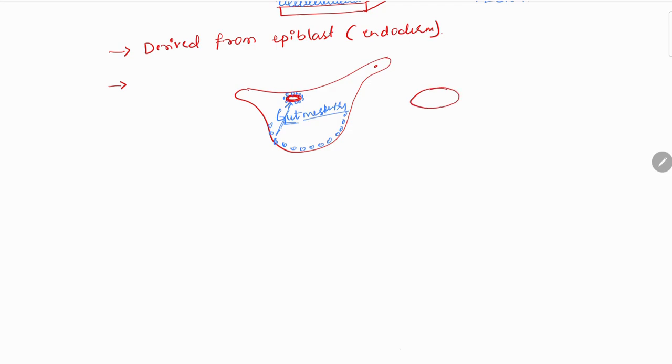This is the ovary, and the PGCs will come and locate on the surface of the ovary. They are covered by special epithelial cells known as coelomic epithelium, or the coelomic cells of the epithelium.